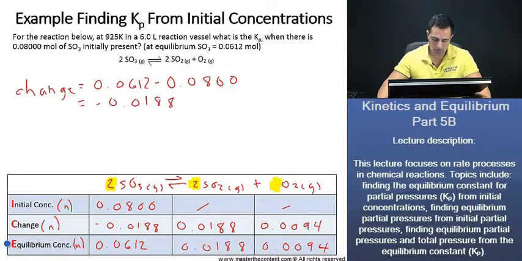We'll change our equilibrium amounts from moles to molarity, and then once we have the molarities at equilibrium, we can find the equilibrium constant for concentrations. And once we find it, we can then relate that to the equilibrium constant for partial pressures. Wonderful.